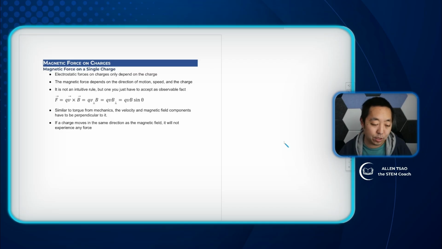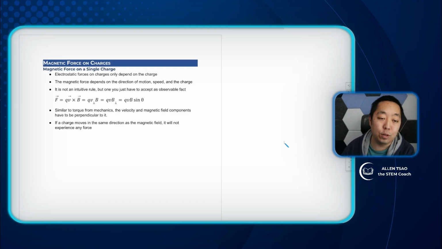All right, so now we're going to look at magnetic forces on charges, and this is a little bit trickier because in electrostatic force, all that mattered was the electric field direction and then the amount of the charge, okay? The magnetic force is a bit more complicated, and you might ask, why is it so complicated? That's just how the interaction between charges and magnetic fields works.